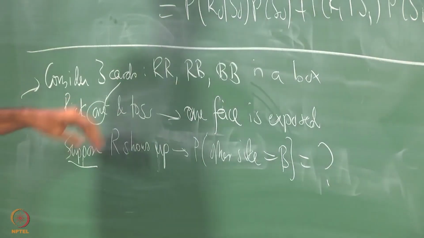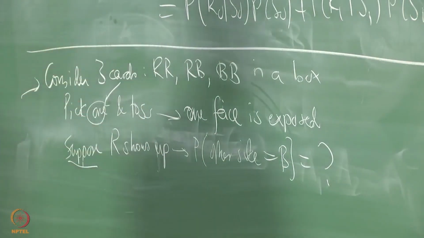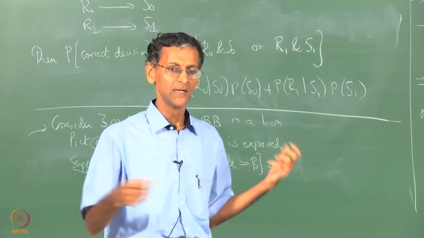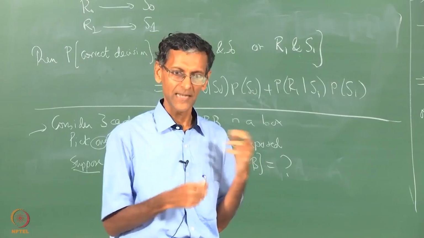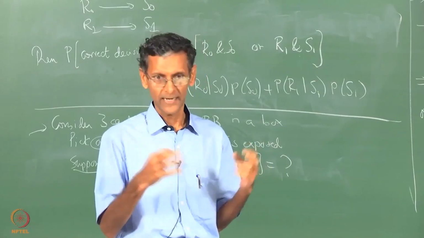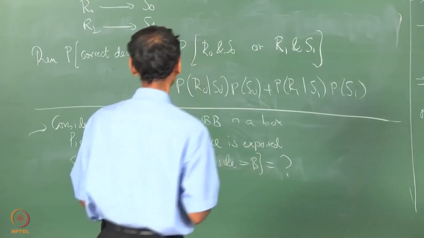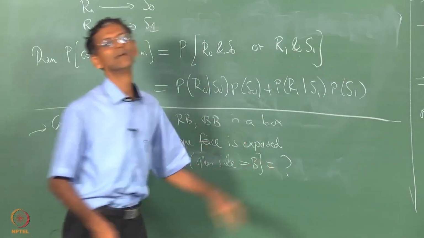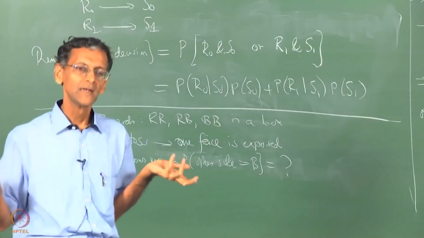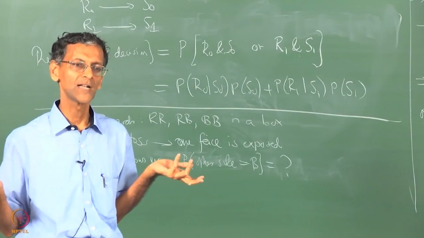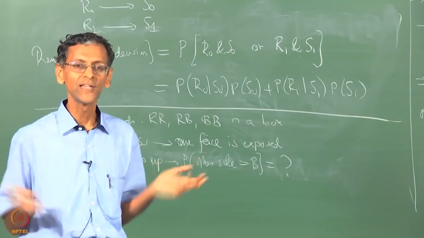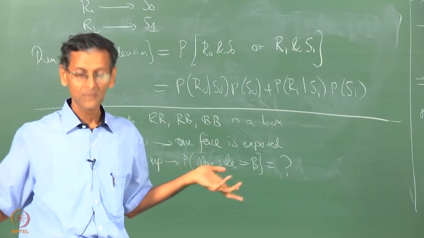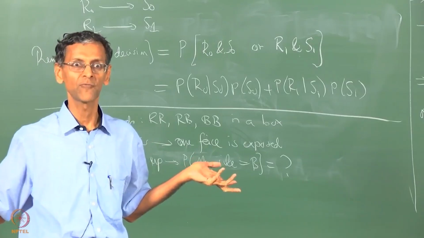Here again we will have 2-stage randomness, a hidden randomness that selects the state, which you can't do anything about. Obviously the state here is which of these 3 cards you picked, and then the observation is which side showed up after being tossed.